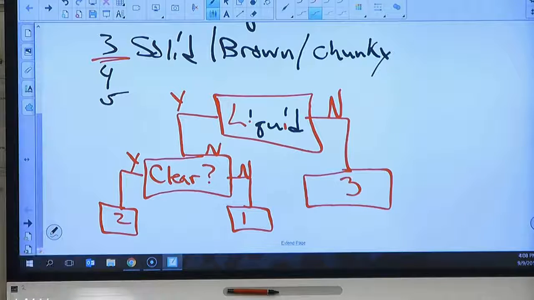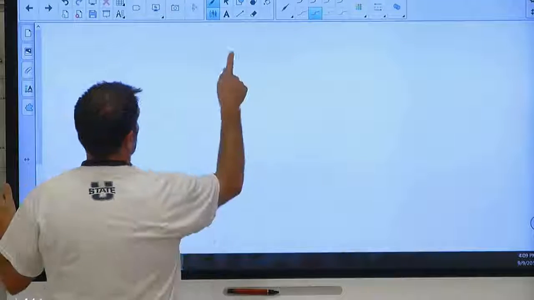So now we would have a flow chart that breaks them down into 3 separate groups. Now you only, for this example, have to go to 5 separate groups. Don't try and separate these down into 15 different groups. That's a massive flow chart. Your flow chart should look something like this when you are done.